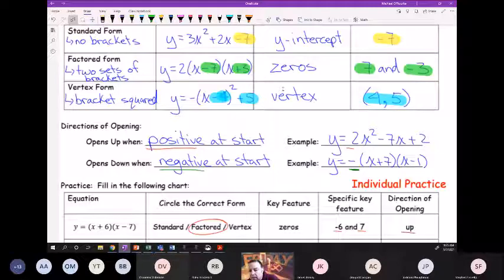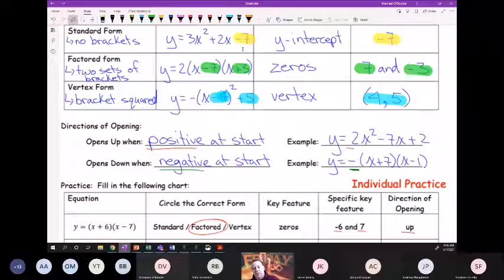And put a D. How do you know if it's up or down? Same as before, if there's a negative in front, it goes down. If there's a positive in front, it opens up. It's just like factored form that we did yesterday. So write a D in chat once you're done writing down standard form.